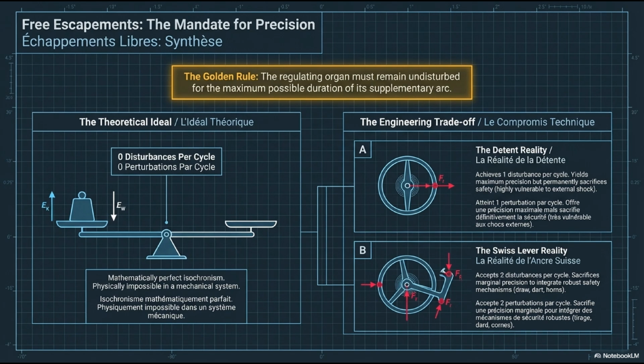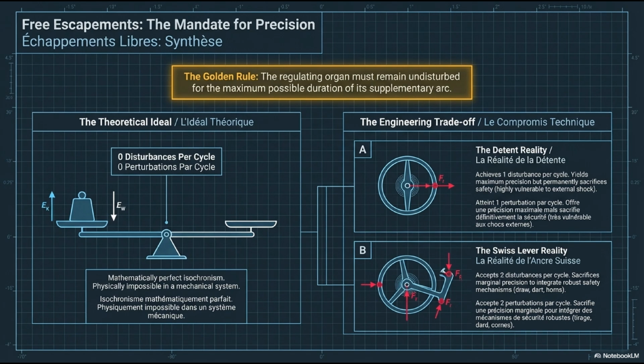The golden rule at the top: the regulating organ must remain undisturbed for the maximum possible duration of its supplementary arc. This is the single overriding principle from which all Class 3 escapement engineering flows. Left panel, the theoretical ideal: 0 disturbances per cycle.